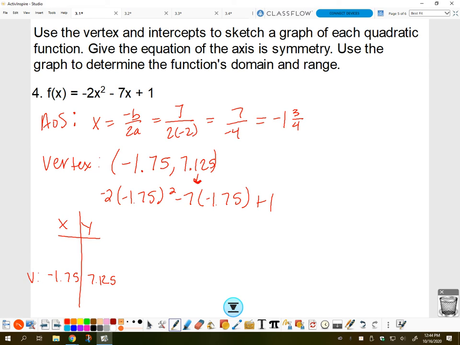And picking things that are symmetric around this are going to be a little difficult, but you have a calculator, so you can either just pick numbers and not worry about symmetry, and that way you can pick friendly ones, like -2, -3, and -1, 0.